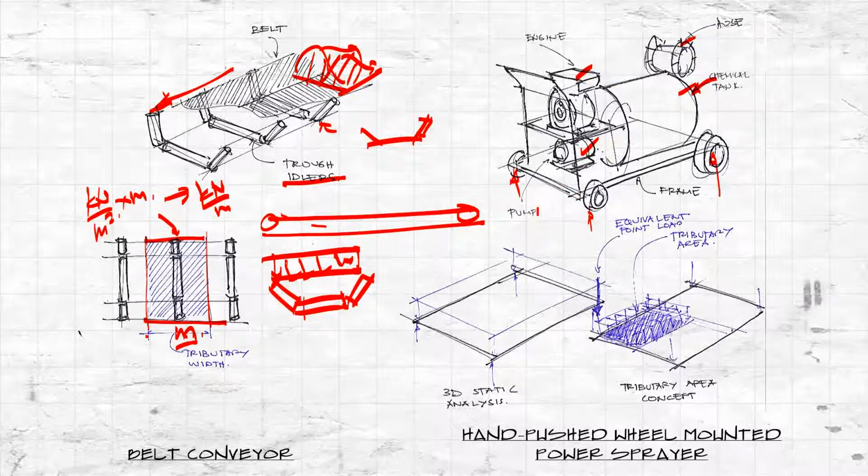I just convert this to a surface load. Okay, so once I have the surface load right here, it's acting on this base frame. Once I have this, I can do 3D static analysis if I want to be able to solve these forces.